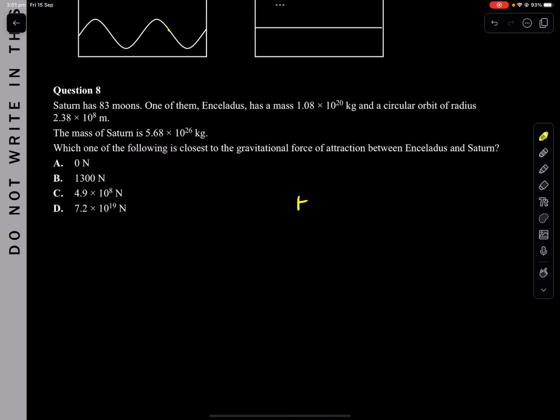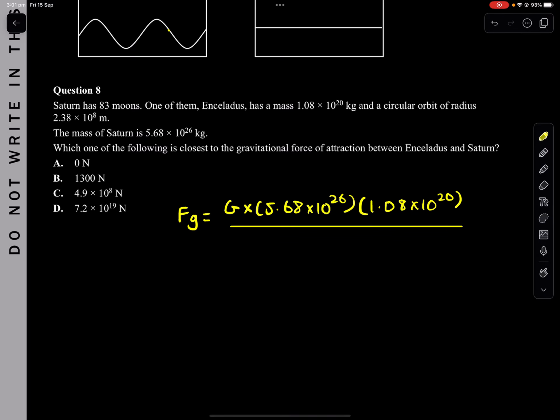So, force of gravity is equal to G times the mass of Saturn, which is 5.68 times 10 to the power of 26, multiplied by the mass of the moon, which is 1.08 times 10 to the power of 20, all divided by r squared, the radius of orbit, which is 2.38 times 10 to the power of 8 squared. Let me just do this in the calculator.